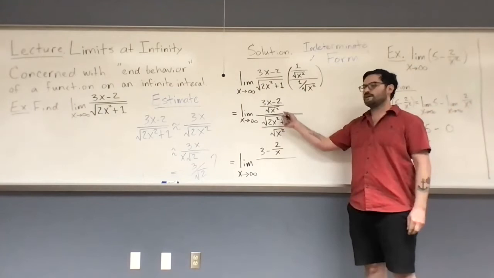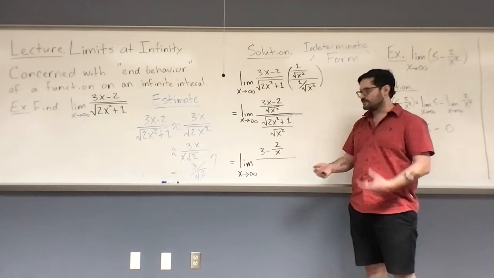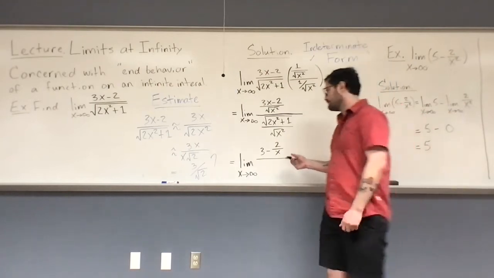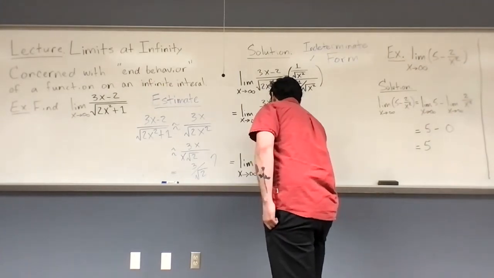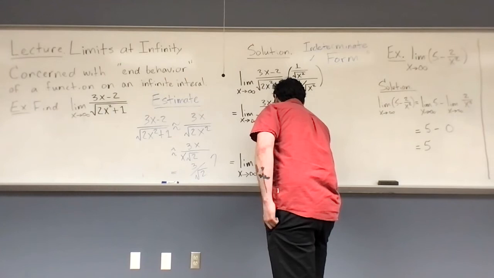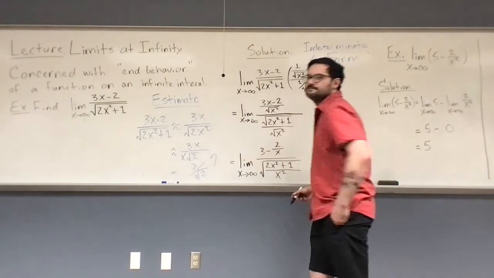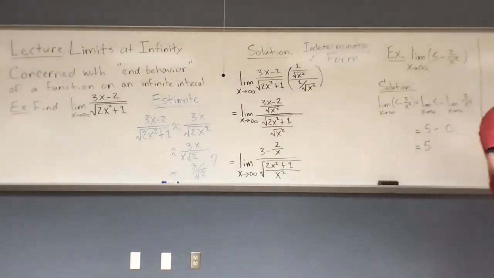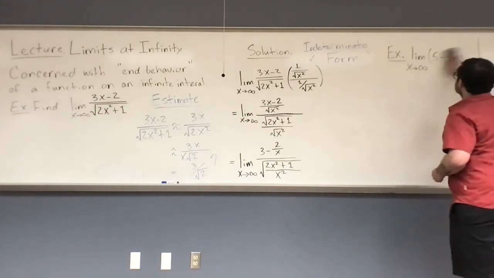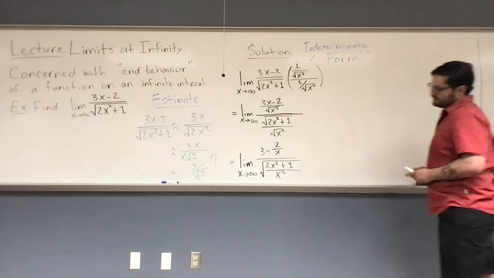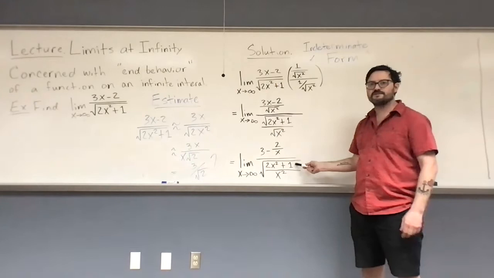And then here we have radicals, like the square root divided by the square root of something else is the same thing as the square root of that divided by that term. What that means now is that that x squared is dividing that piece, and that x squared is dividing that piece now.